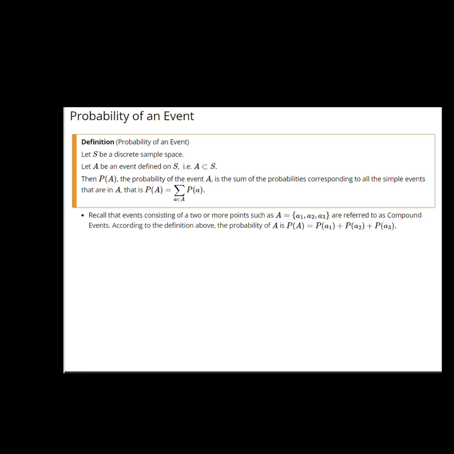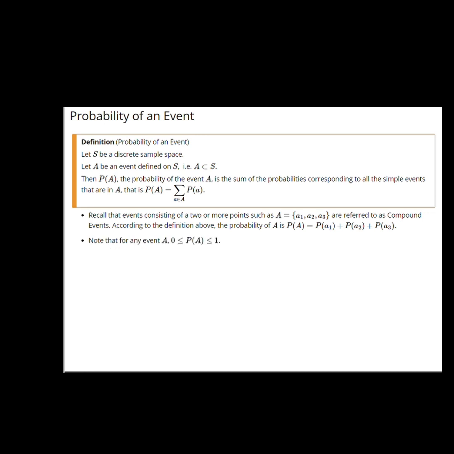Remember that events consisting of 2 or more points, for example, A1, A2, A3, we refer to as compound events. So, according to this definition, the probability of this event A is given by P(A1) plus P(A2) plus P(A3).